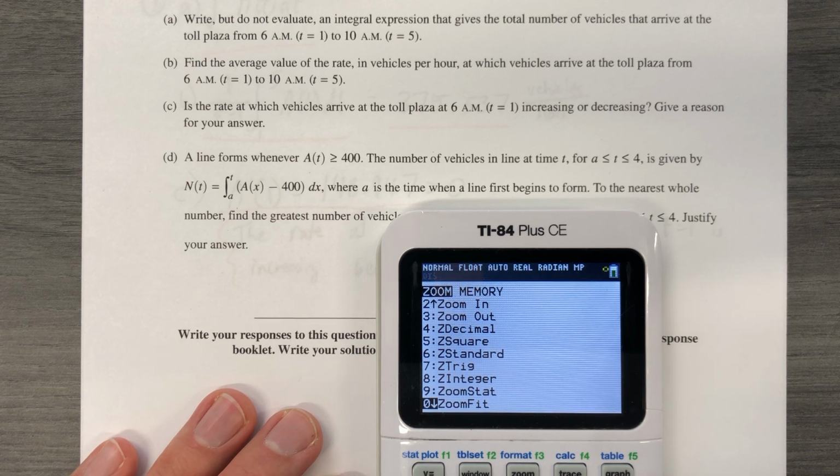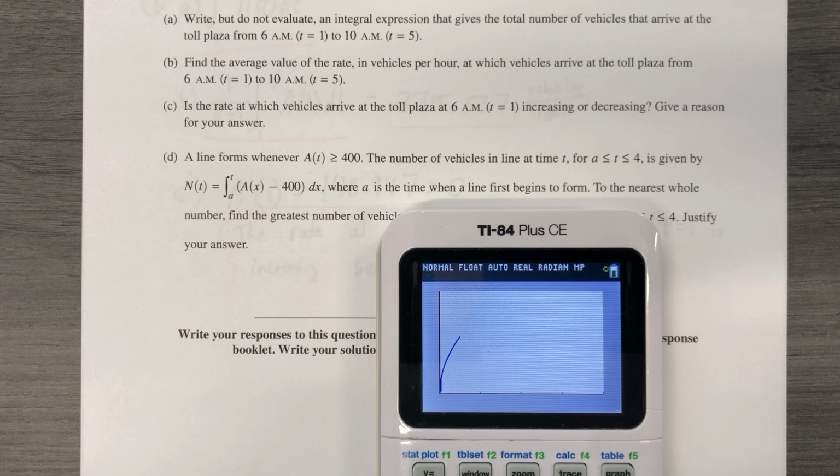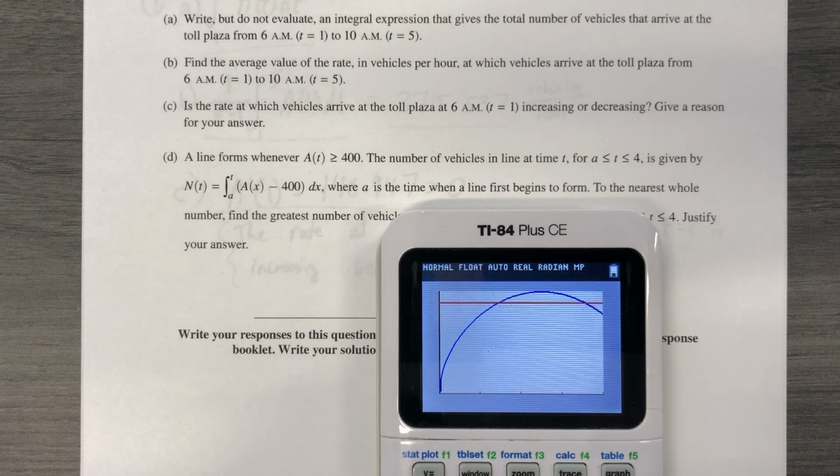Go ahead and press 0 if you want to, but it's zoom fit. And we are going to see the rate. This is A of t, graphed for us here. And this is the line 400. That x value, technically a t value, is a. Okay? So let's find out what that is.